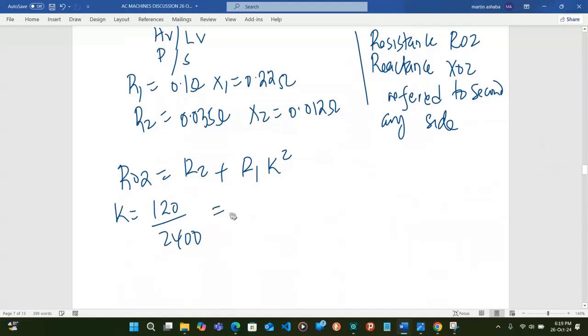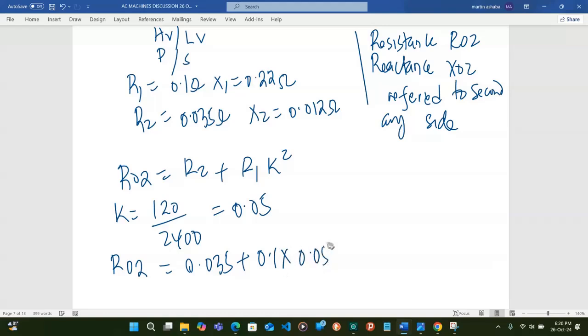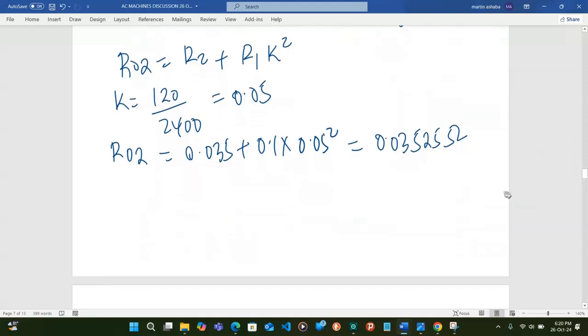This gives us 0.05. So RO2 equals R2, which is 0.035, plus R1, which is 0.1, times 0.05 squared. If I evaluate that, I get 0.03525 ohms. And that's done.